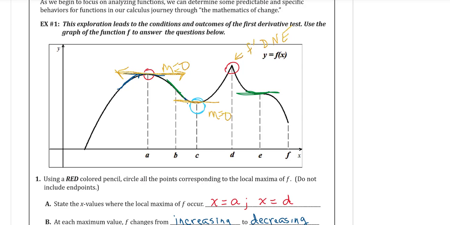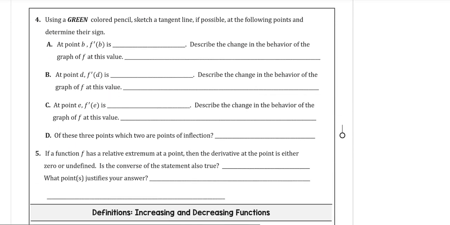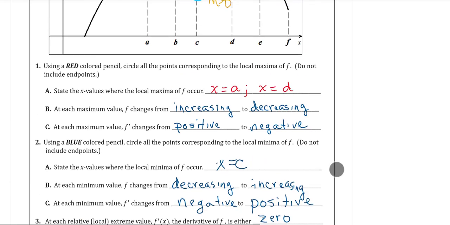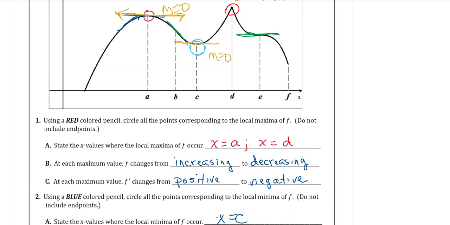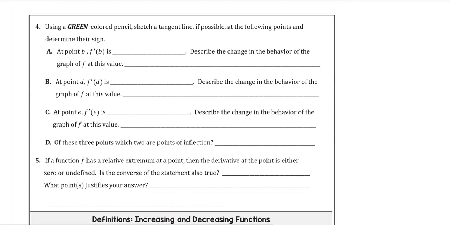Okay, so now we can answer the questions for this section. At point B, f prime of B is negative. Just to double check, you can see that the tangent line we drew there has a negative slope. So f prime of B is negative.